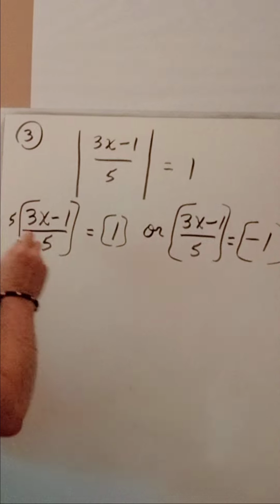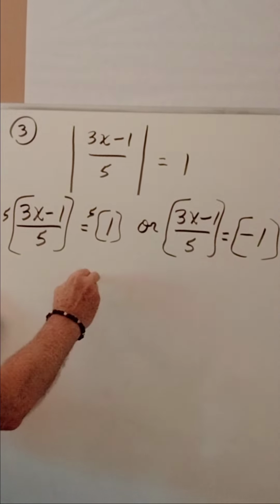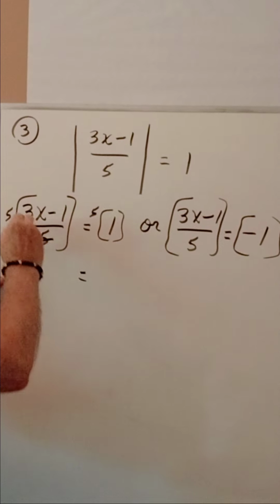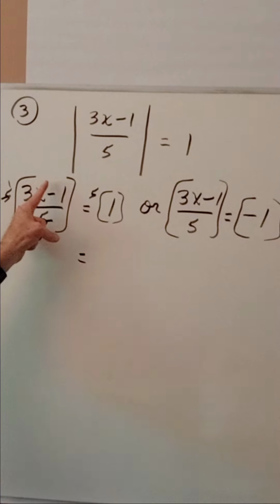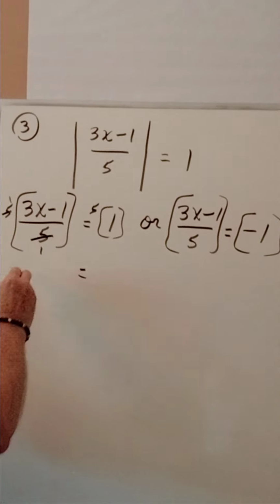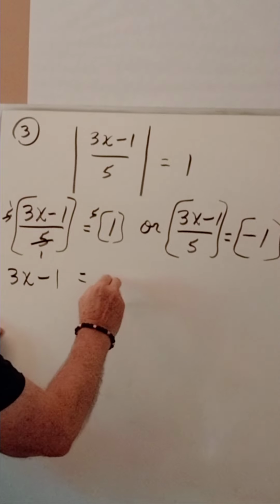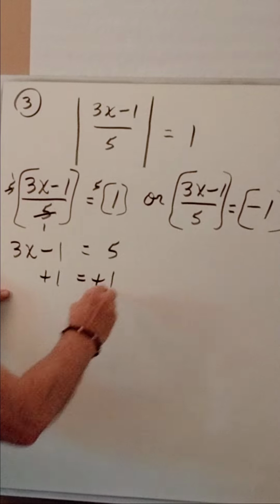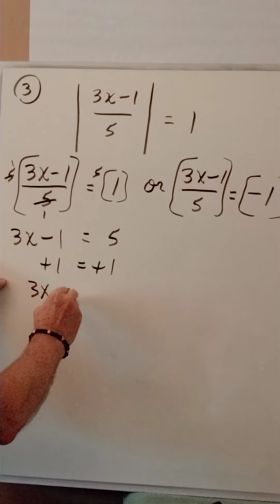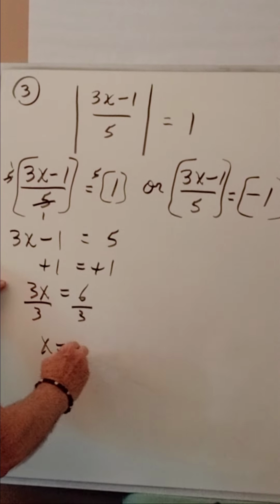Multiply the left by 5. Multiply the right by 5. On the left, the 5s cancel to 1s. 1 times 3x minus 1, 3x minus 1, and that will be equal on the other side to 5. Positive 1, positive 1. 3x is equal to 6, over 3 on both. X is equal to 2.